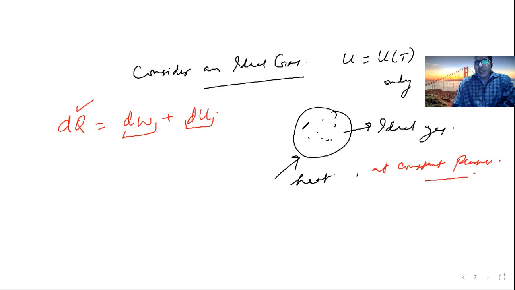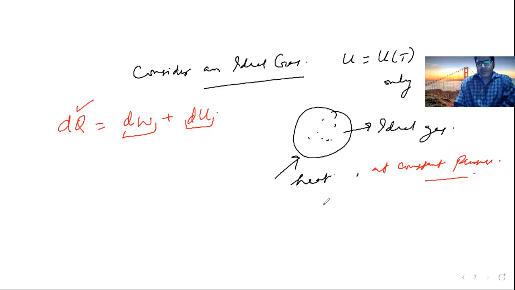That means at constant pressure, when I am heating an ideal gas, only a portion of the heat which I am putting into the gas will go in increasing its absolute temperature. The other part will be used by the gas in doing work on its surroundings.